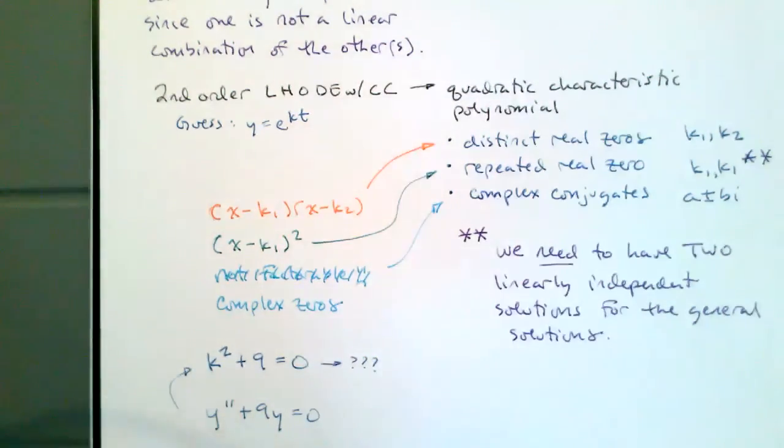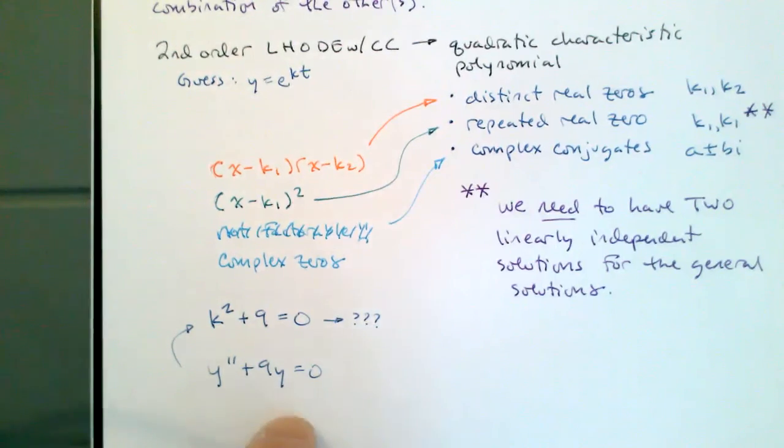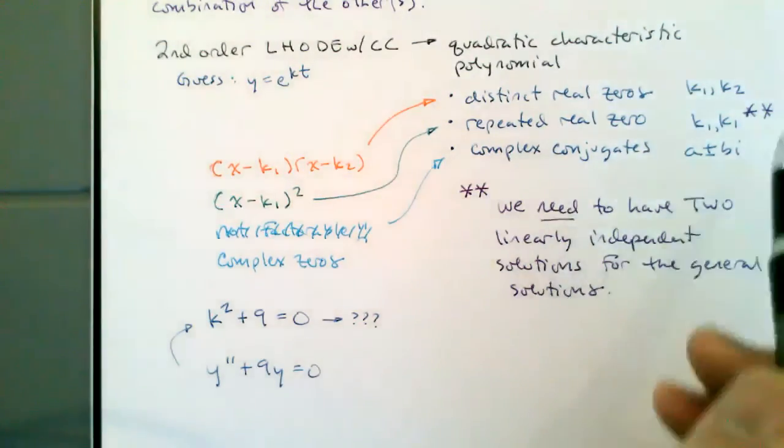Think about what the solutions of y double prime plus 9y need to be, where a function and its second derivative are like terms. Think about what functions fit that description, and that will help us look at the zeros of the characteristic polynomial and see how that can fit in.